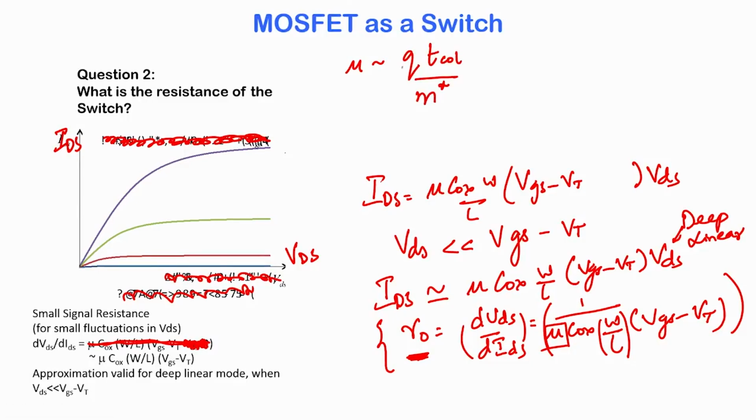What is q? q is your 1.6 into 10 power minus 19 coulombs. What is mean collision time? Mean collision time is the mean time between the scattering events of the carrier that is scattering through the lattice and through the defects, etc., thereby giving you a definition of mu, which is your Vd equal to mu times electric field.